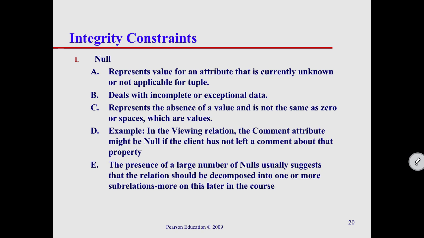So integrity of data means that we sometimes wish to place constraints on the data that are going to ensure that there's not inconsistency. So the first thing is the so-called null value. Remember, I just said that there are some attributes that may have an optional value. The way you denote a value that has not been provided is with null.